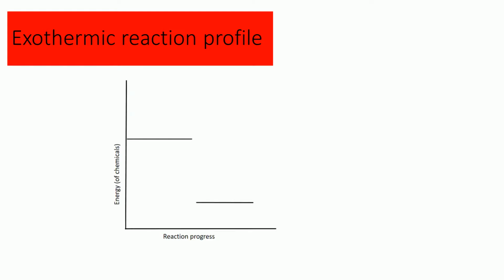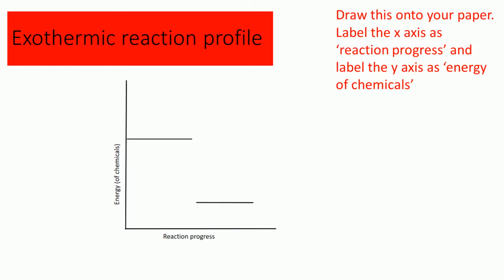So a reaction profile is monitoring the energy of our reactants and our products through the course of our reaction. Okay, so if you draw up these axes into your book, along the bottom we've got reaction progress, so how far the reaction is going from the time we put the reactants together until the time we just get products left.